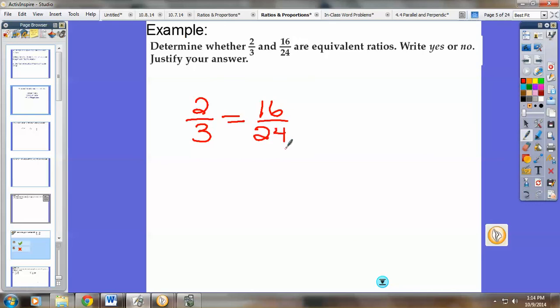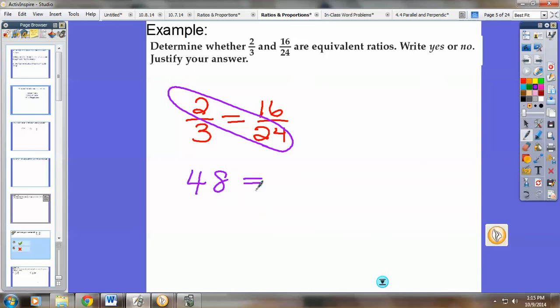There's a number of different ways that we could determine this. The way that I'm going to encourage you to do it today is to use what we call the product of the means and extremes. What that means is we're multiplying one numerator times the opposite denominator. So 2 times 24 is 48.